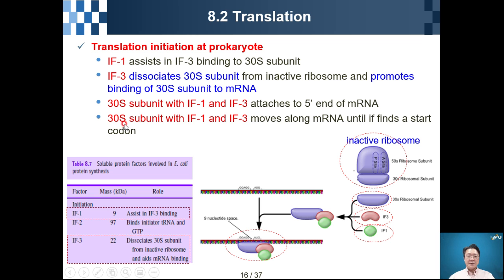After that, this complex moves along the mRNA until it finds a start codon. In this figure, you can see that this complex finds the AUG start codon. This is the first step in translation initiation.